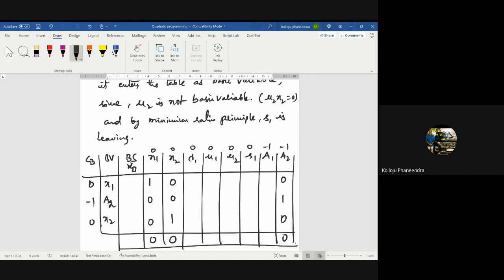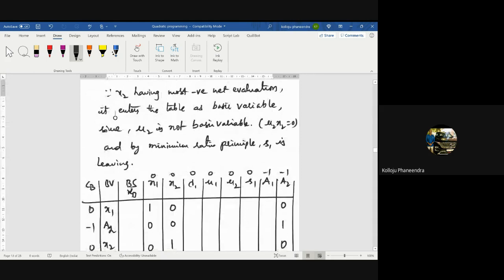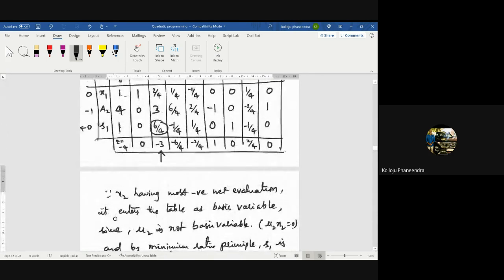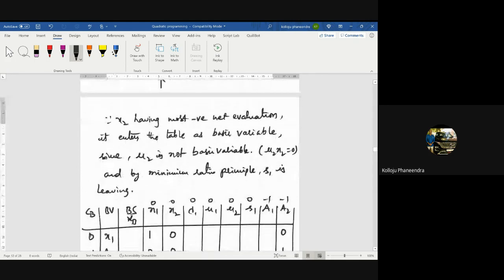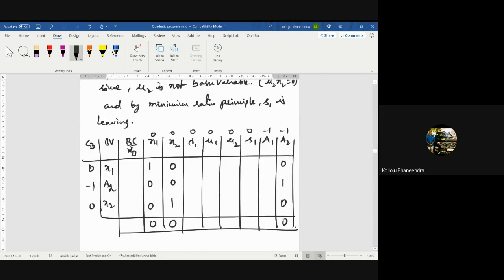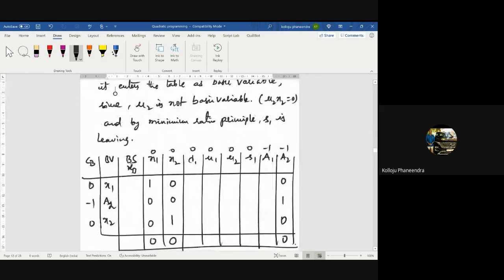Done. Next, key row. Key row means divide this by key value, 1 by 6 by 4. This is 1 by 6 by 4, 4 by 6, and minus 1 by 4 by 6 by 4, minus 1 by 6. Okay, I am writing the table values. You can calculate. This is 6 by 4, this is 4 by 6. Next, this is minus 1 by 6.